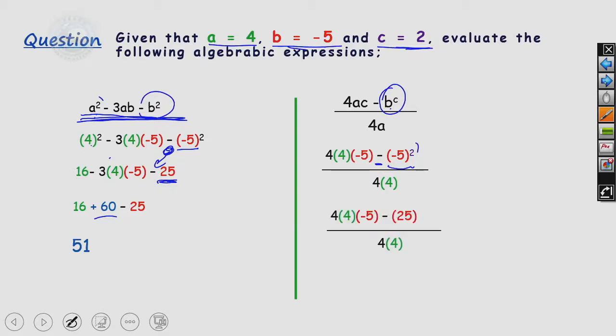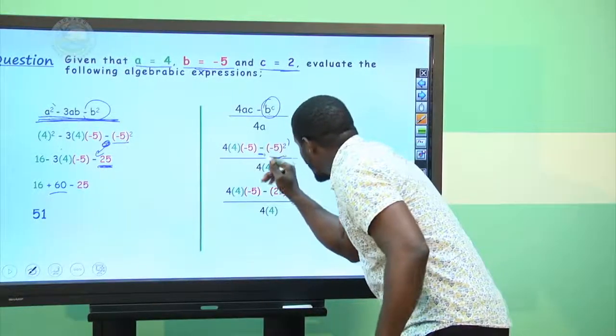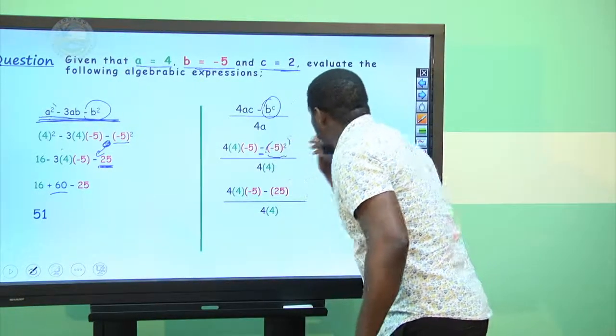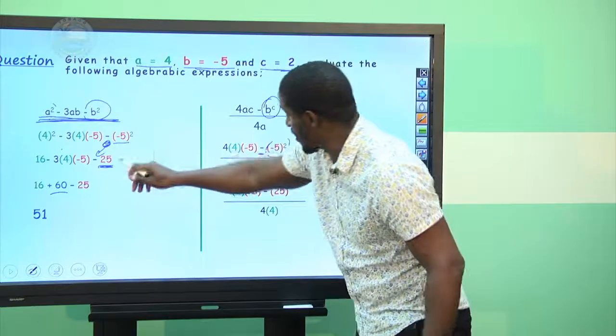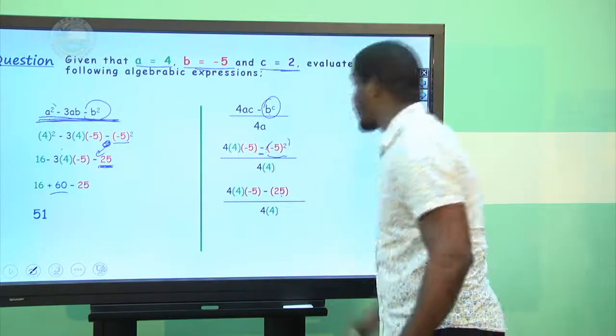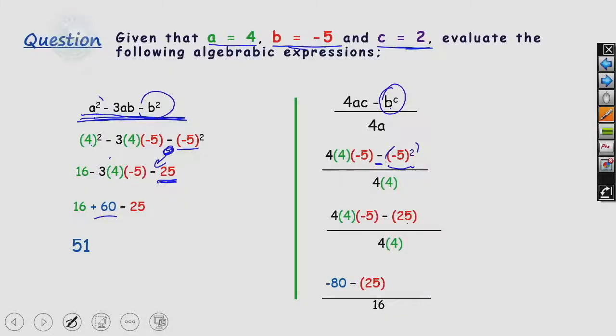We then come down to here that this negative 5 squared, we looked at negative 5 squared already. Negative 5 squared is positive 25. Using our laws of integers, we have negative 80 subtract 25 all upon 16, which gives us negative 105 all upon 16.